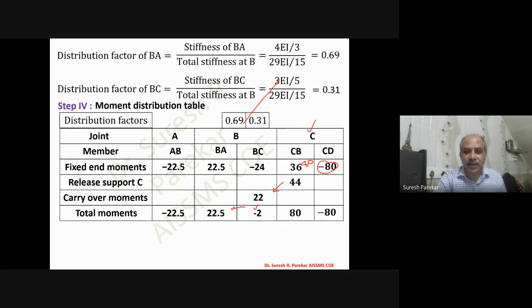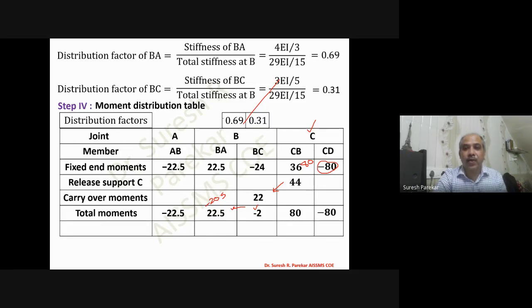So in the same fashion, we have 22.5 minus 2. If I write it over here, I get the sum as 20.5. Now if this value is 20.5, I have to distribute it. This is an unbalanced moment of 20.5, so we have to balance it by making it minus 20.5, and then distribute it. How are we going to distribute it?